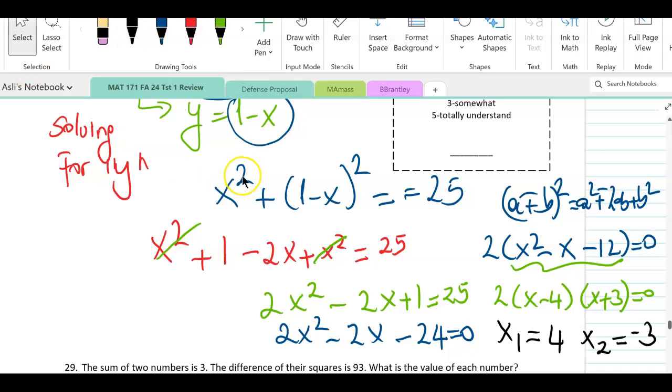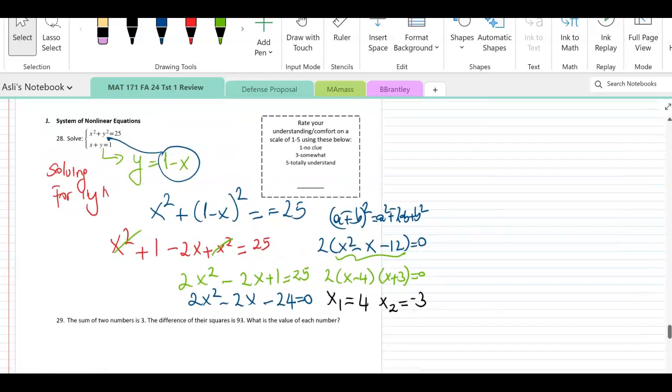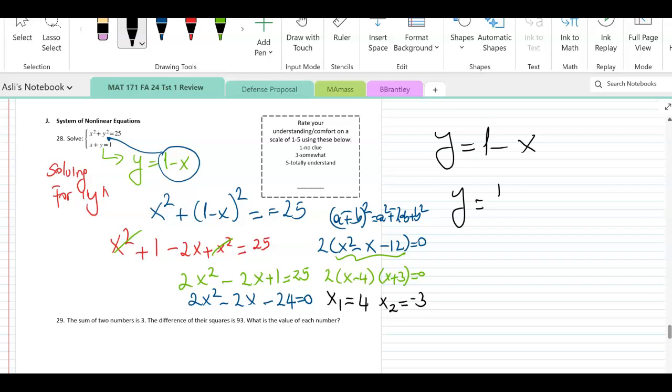So then we need to go back and plug in for y values. y was equal to 1 minus x. So y will be equal to 1 minus 4. So the y value for x equal 4 will be equal to -3.